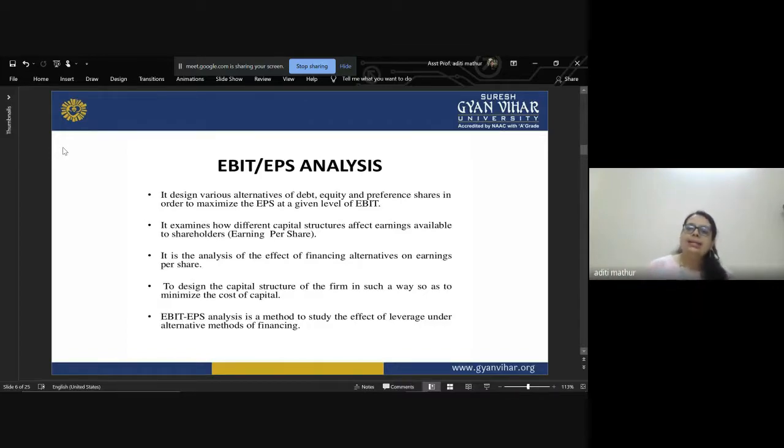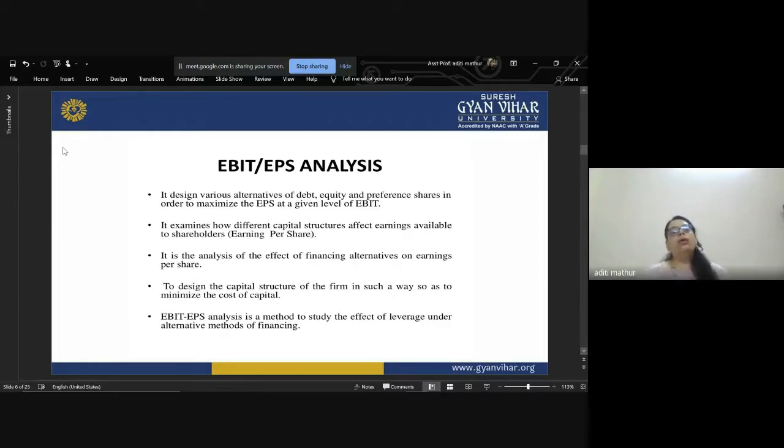It is the analysis of the effect of financing alternatives on earning per share. EPS and EBIT analysis helps you design the capital structure of the firm in such a way as to minimize the cost of capital.